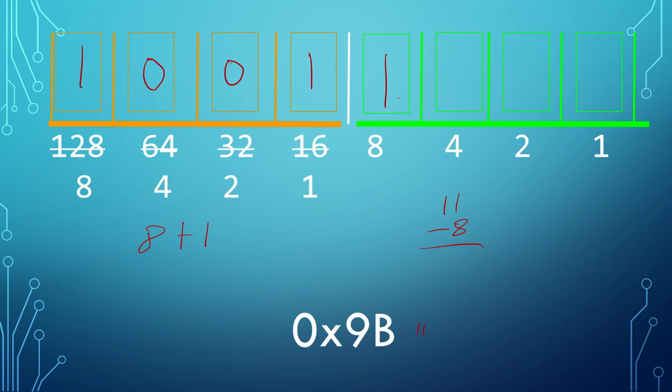Well, that works, so we put a 1 there. It's going to be 3. Can I do 4 minus 3? No. 3 minus 2? Yes. Gives me 1. 1 minus 1? Yes. Gives me 0, and there we go. So the answer is 1001 1011.